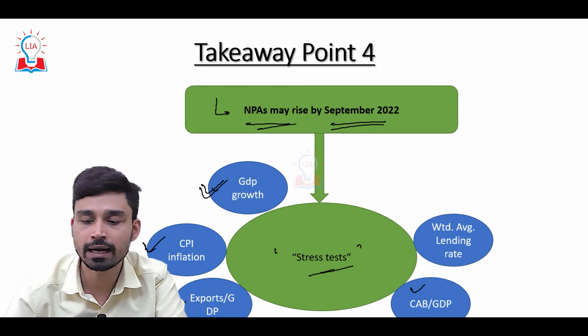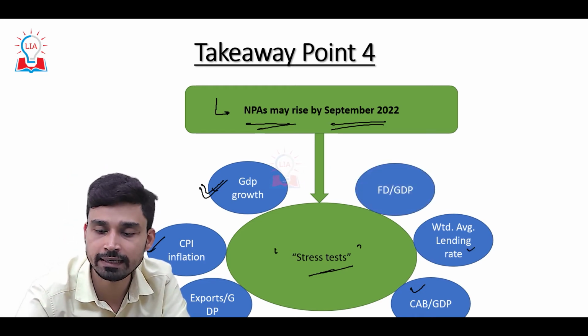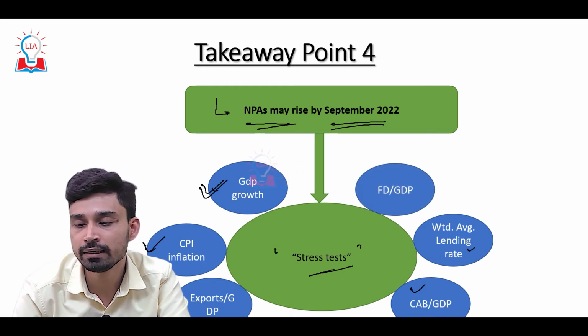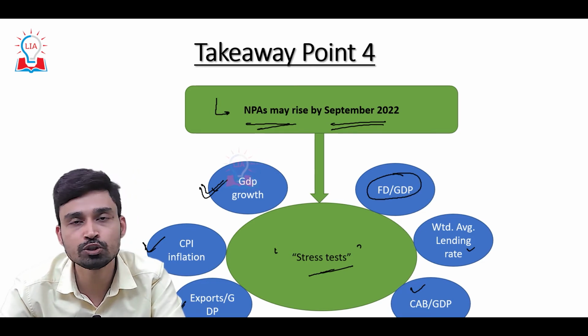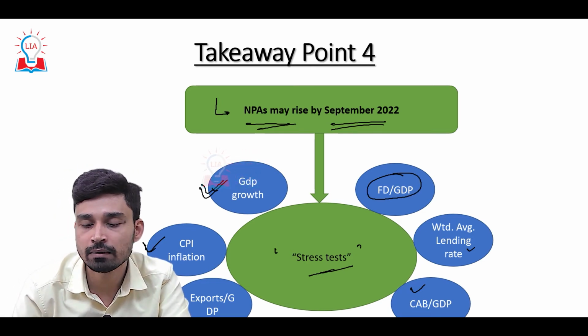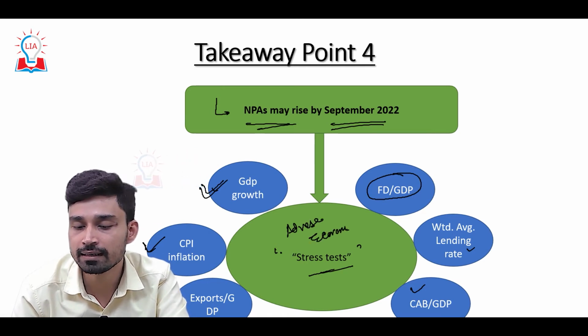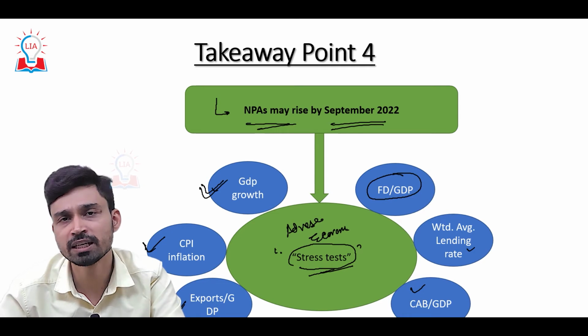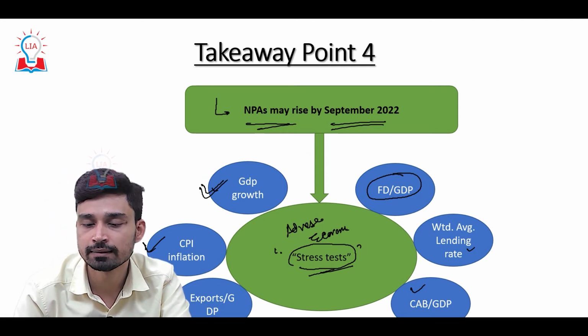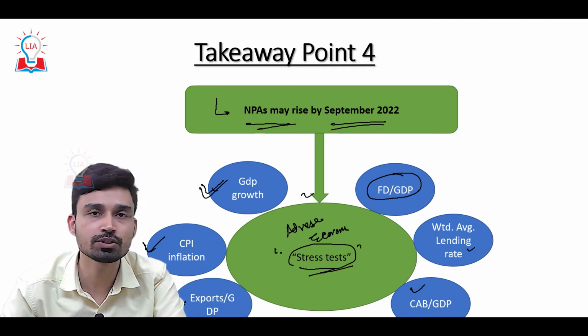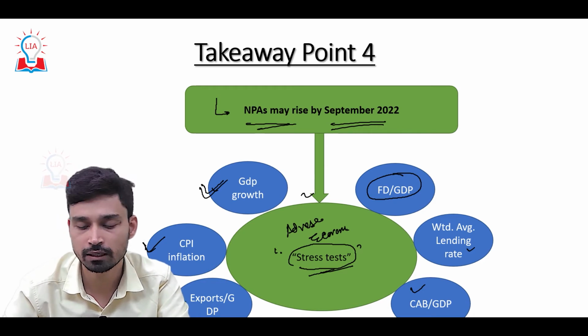Fifth, how the weighted average lending rate will vary. And finally, how the fiscal deficit to GDP ratio will vary if adverse economic situations develop in the country. That is the whole objective of a stress test, to understand how these different overall macroeconomic indicators will react.